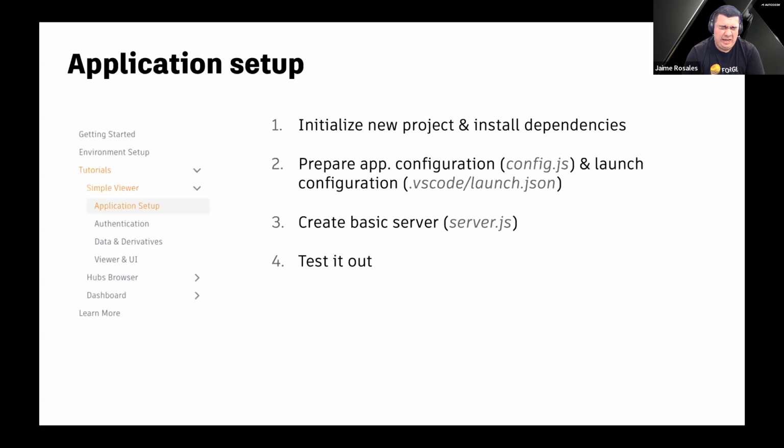Later on, we're going to create a basic server, server.js, and test it out. We want to see if the server is actually working. Probably the server is not going to do anything, it's just going to give us an expected error, but that's okay. That's what we're trying to focus on.